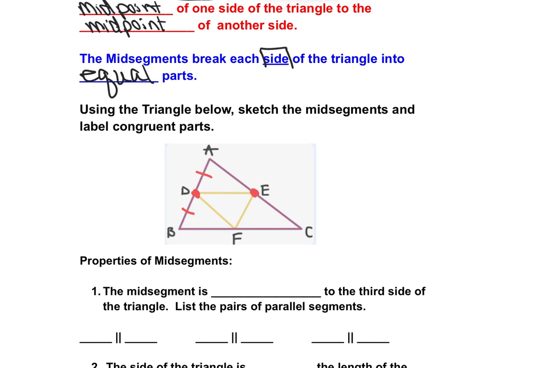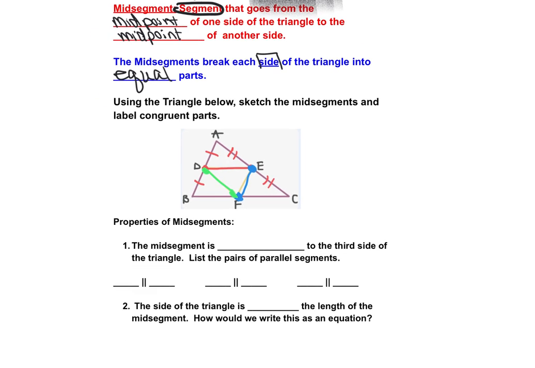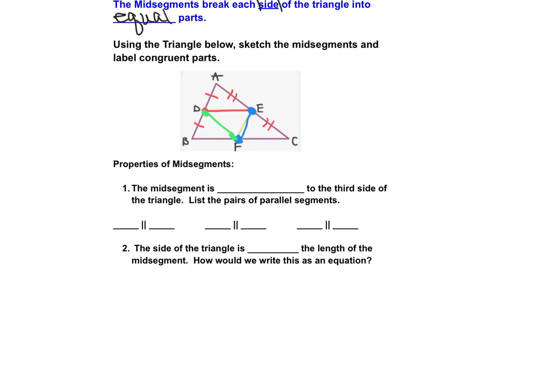And E is another midpoint, so DE is a midsegment. And that means these two parts are also the same. So there's a midsegment in red, and then from here to here, that's also a midsegment, and here to here is also a midsegment. And there are some properties that we're going to use with midsegments.